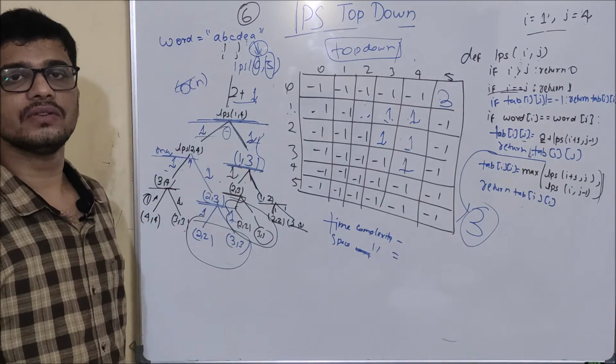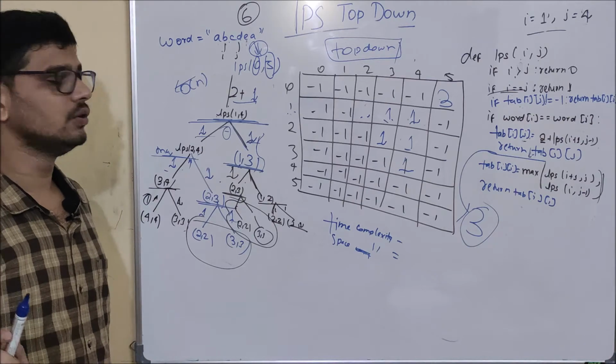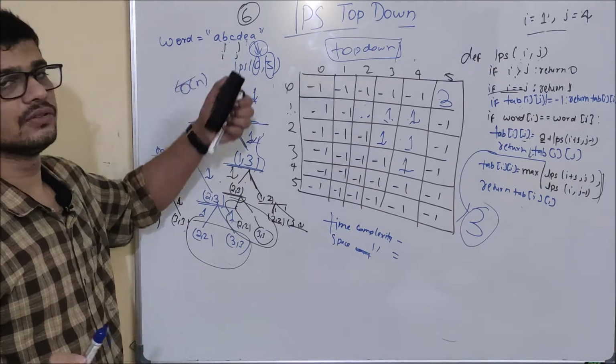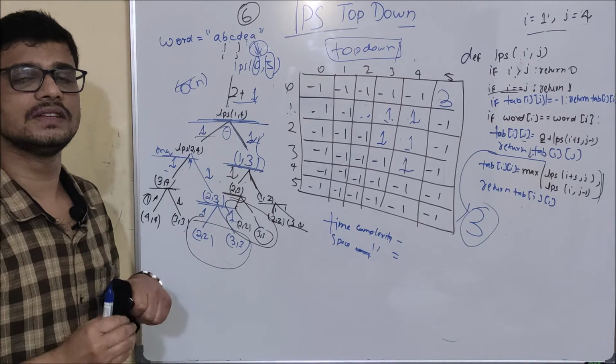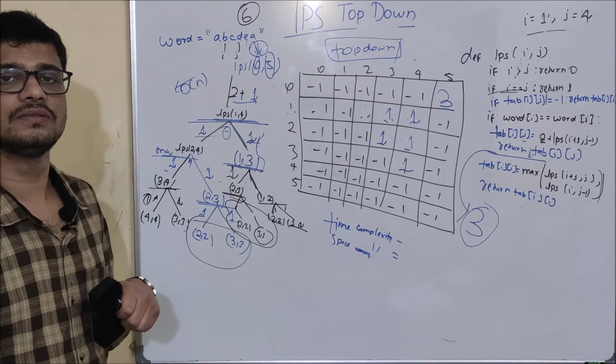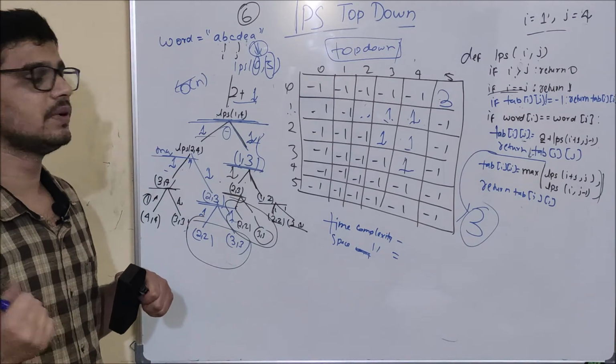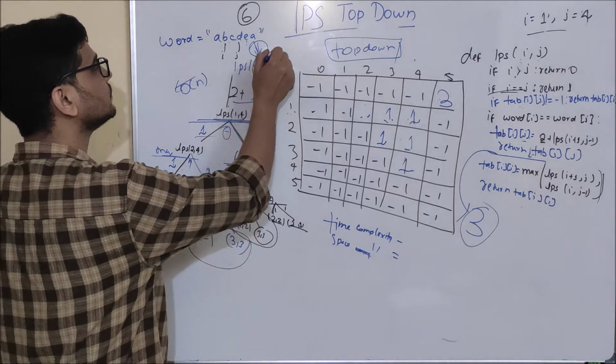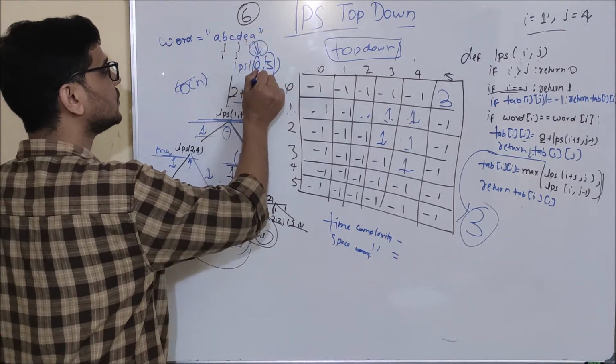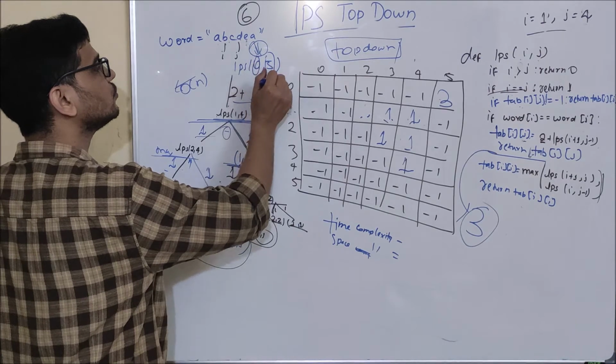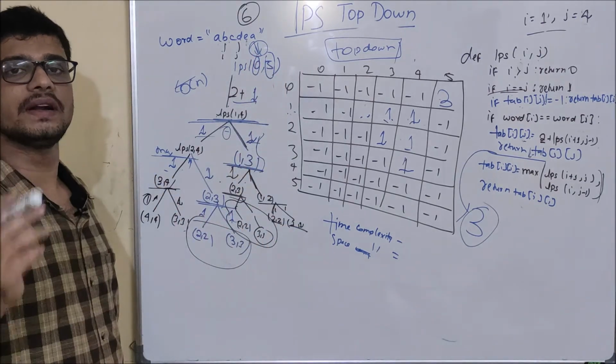Why? Because it can take all the different values up to the length of the string. That is, if the string length is 4, it will run from 0 to 4, that is, it will take 5 different values. Similarly, if the string length is 5, our j is also going to take 5 different values, but it will decrease.